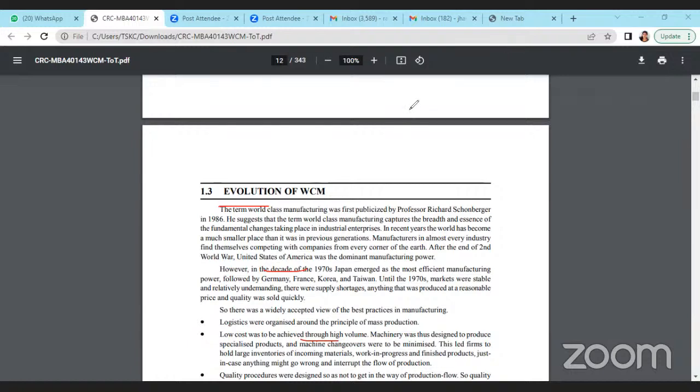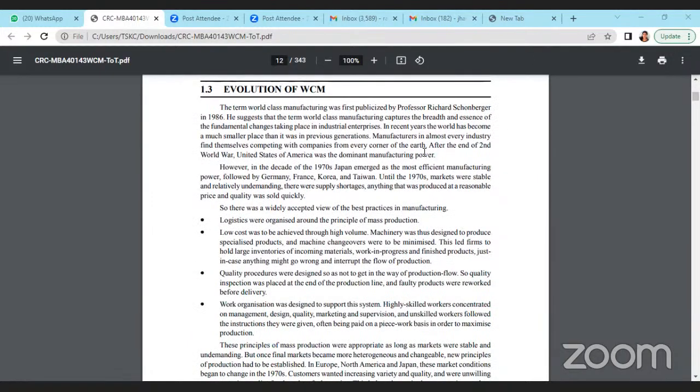So the evolution of WCM, that is world-class manufacturing.